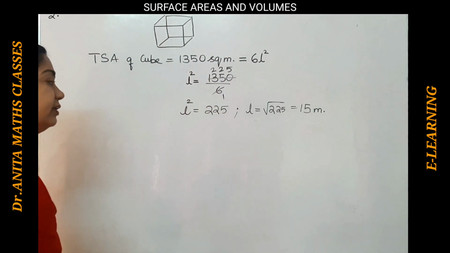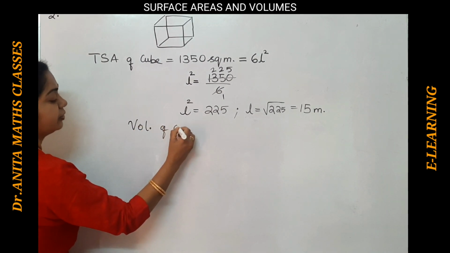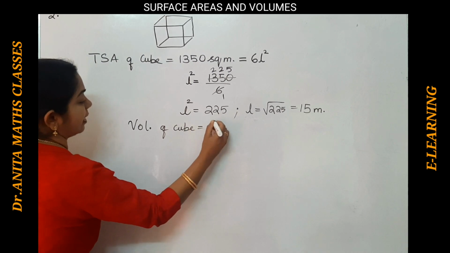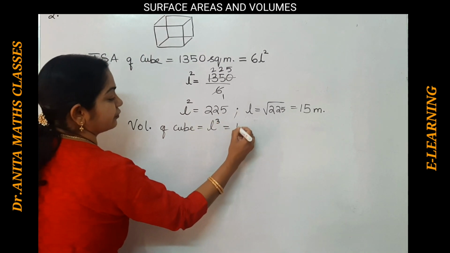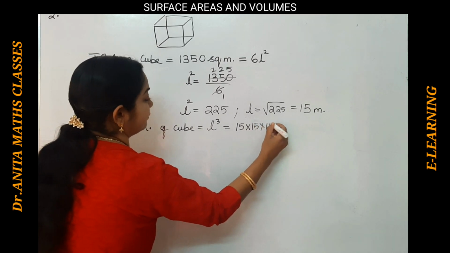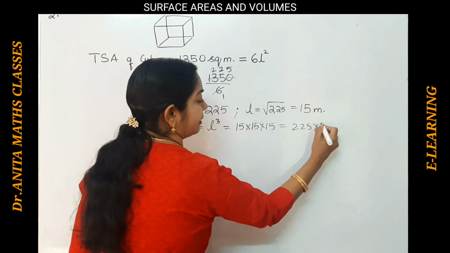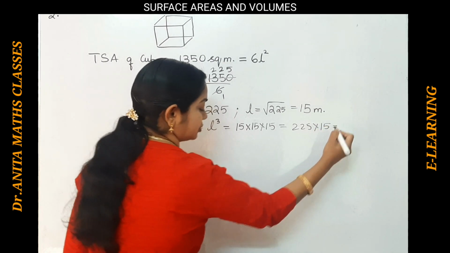Now we need to find the volume of the cube. So, volume of cube is L cube. So, 15 multiplied by 15 multiplied by 15, 15 cube. So, 225 multiplied by 15. So, how much is this?